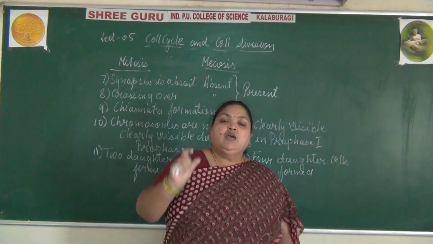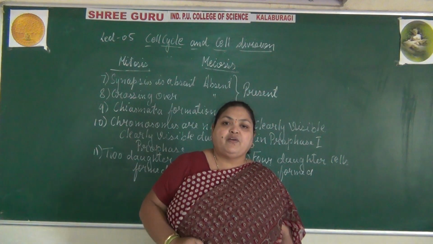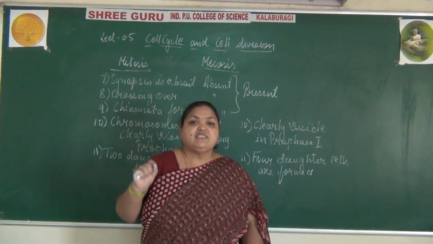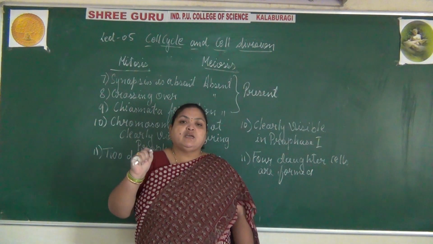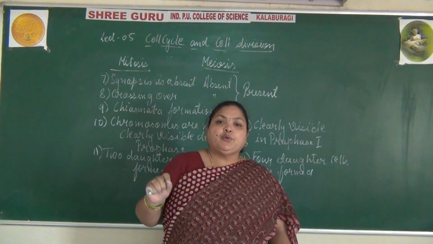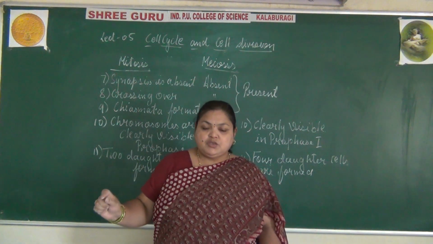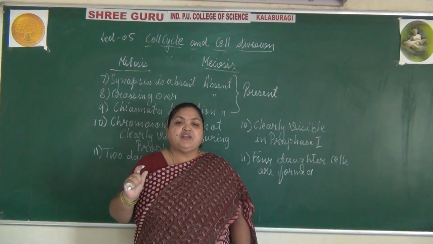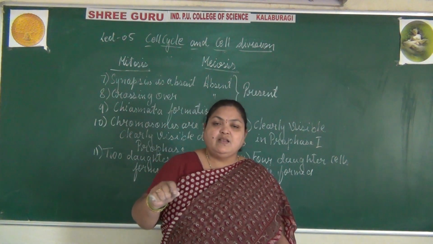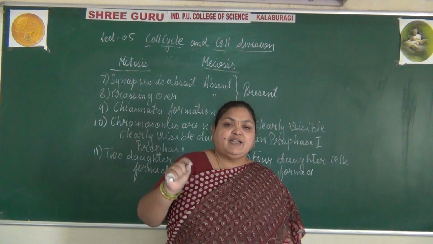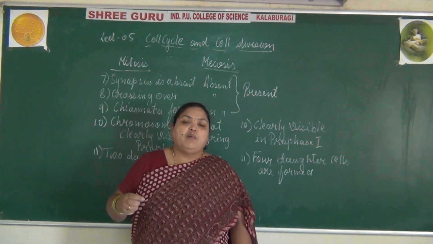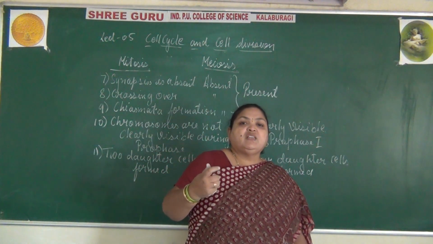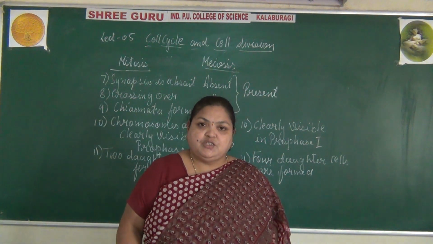So clearly it can be asked for 5 marks: what is cell cycle, and write its events occurring during the various stages. So you have to write the definition of the cell cycle with the events that are occurring. Or for 2 marks they may ask what are the events that occur during G1 phase.